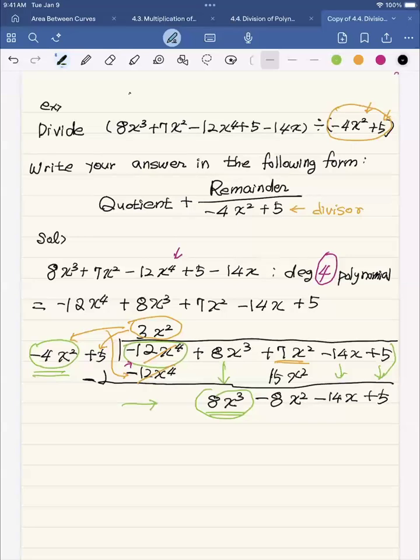If you multiply by negative 2x, then you will obtain 8x cubed. So we will choose to write minus 2x there. Of course, what we are doing is a plus minus 2x.